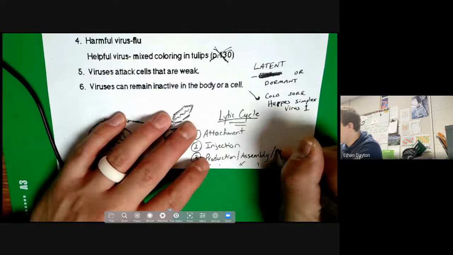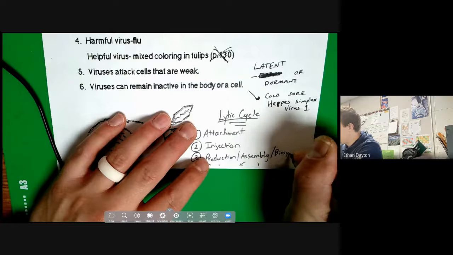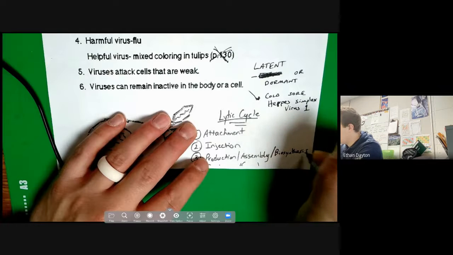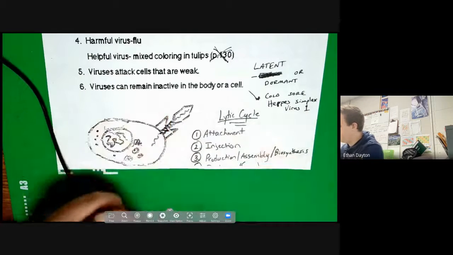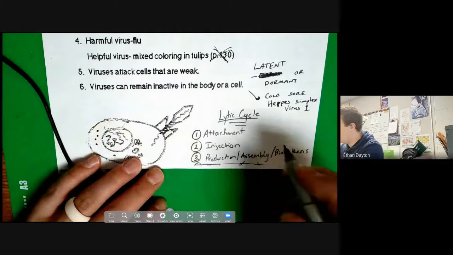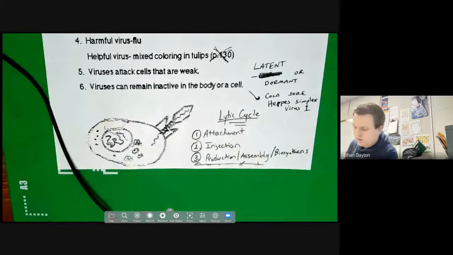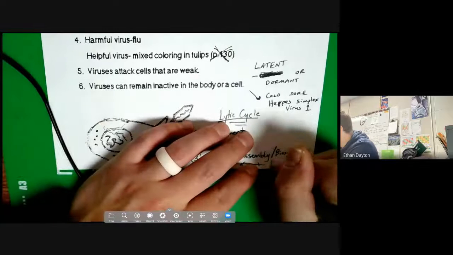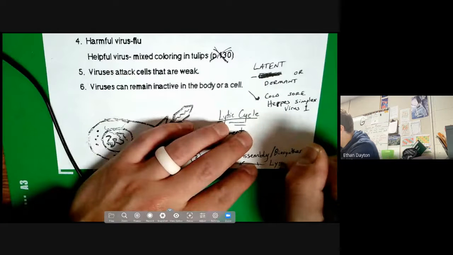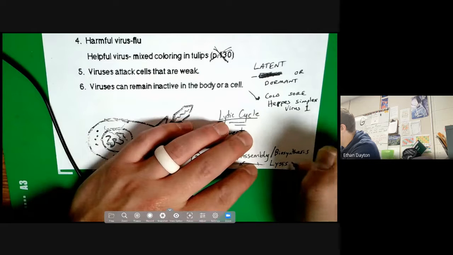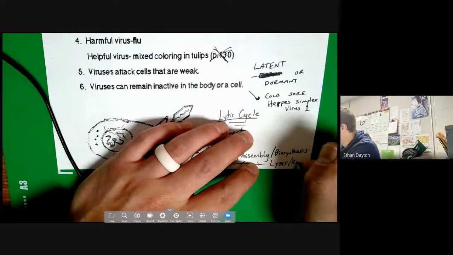Another fancy word is biosynthesis. And then step 4 is called lysis, where they release the virus.